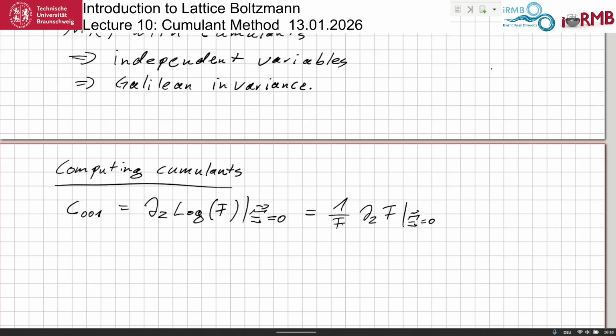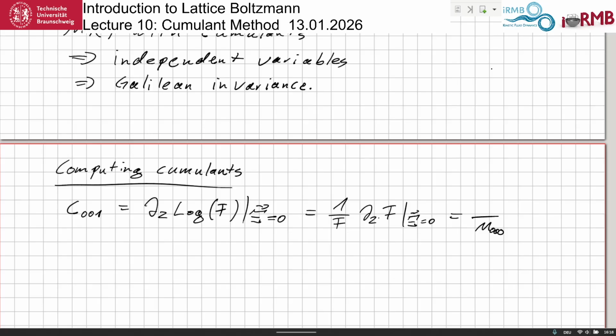Here we have f without any derivative at position 0, which is the zeroth moment, so down here we'll have m000.